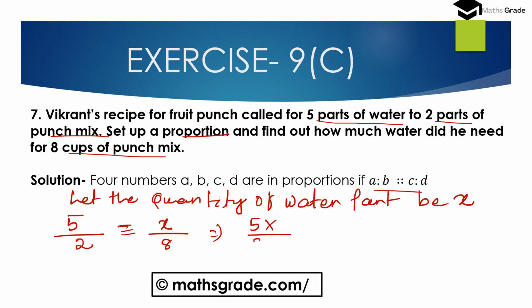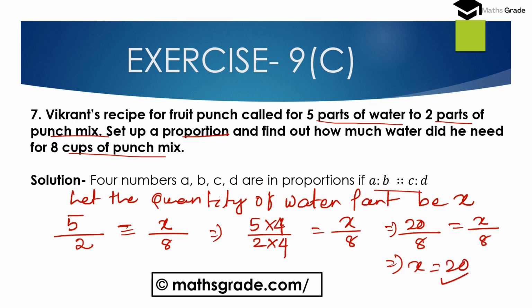We know 2 multiplied by 4 is 8, so we have to multiply the same number 4 with the antecedent 5. Now 5 multiplied by 4 divided by 2 multiplied by 4, 5 multiplied by 4 is 20. So 20 divided by 8 is equal to x divided by 8. Now both have the same consequent 8, so x will be 20. So 20 parts of water.